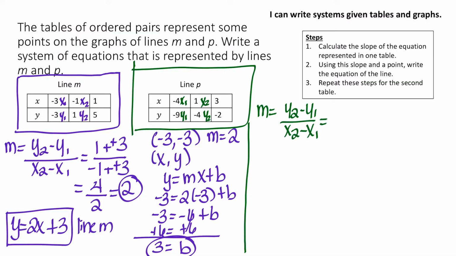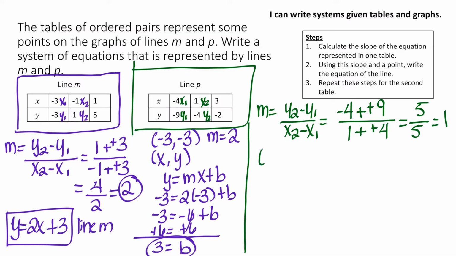So y2 is negative 4 minus y1, which is negative 9, over x2, which is 1, minus x1, which is negative 4. So negative 4 minus negative 9 will become plus, and then 1 minus negative 4 will also become plus. So negative 4 plus 9 is 5, over 1 plus 4, which is 5. So 5 divided by 5 equals 1. That is my value of m.